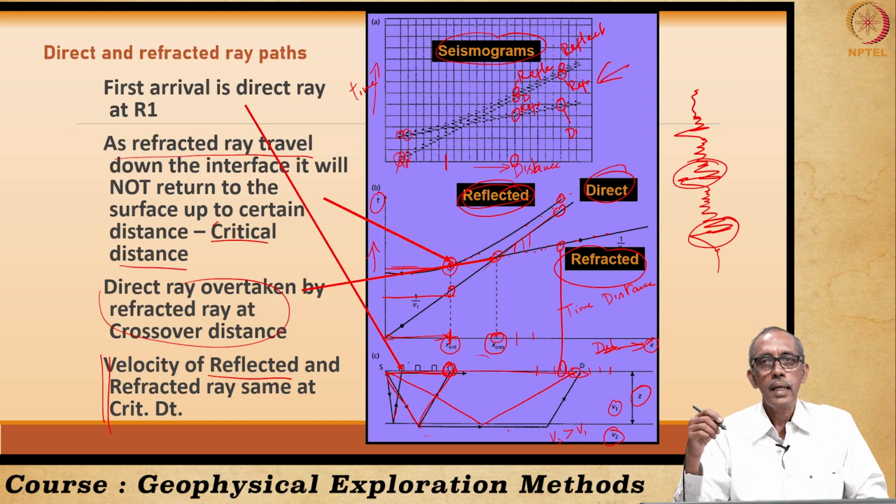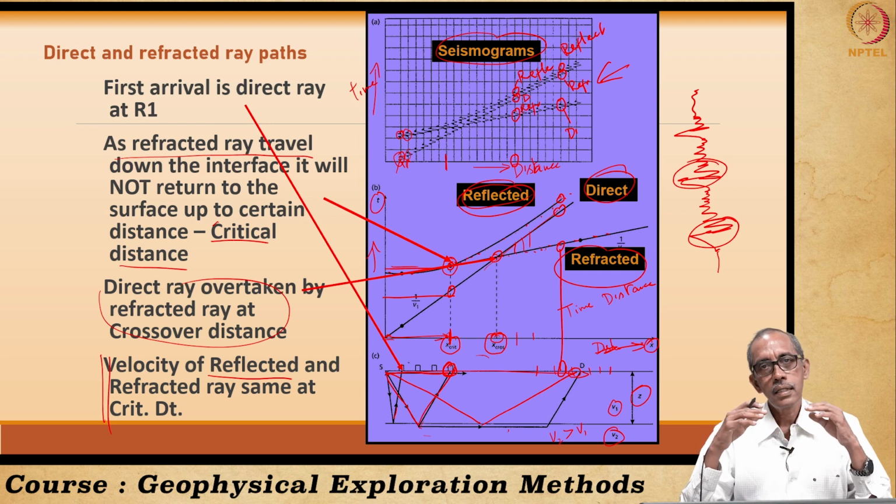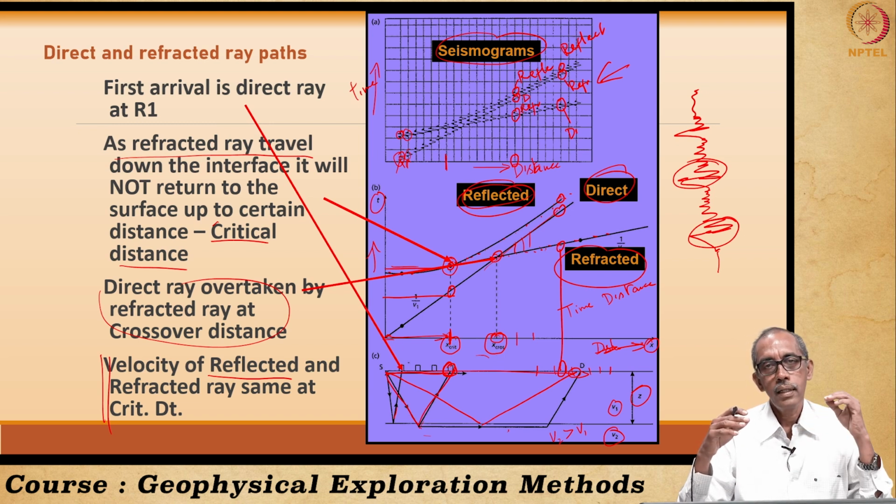So, from this diagram, we have understood the geometry of the direct, reflected and refracted ray paths. It is evident that beyond a certain distance, the geophones are receiving refracted signals faster than even the direct as well as the reflected. And the next important aspect is reflected signals are always slower. Why?